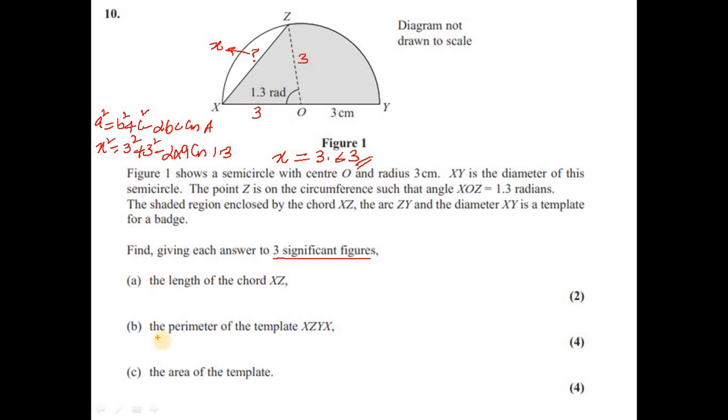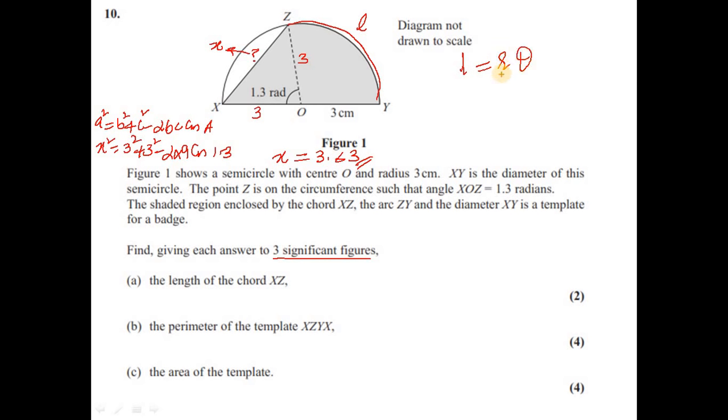Part B, the perimeter of the template. Perimeter means the total length. So we have this length 3, 3, and we have found this. So we need to figure out this arc length. Arc length is L, so L is equal to r theta.